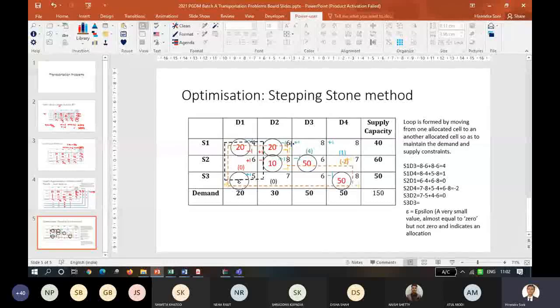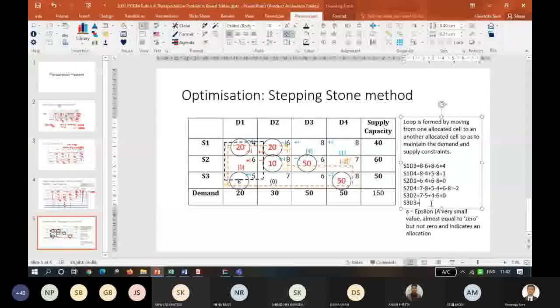Now what about this last one? S3D3. How will the loop be formed?